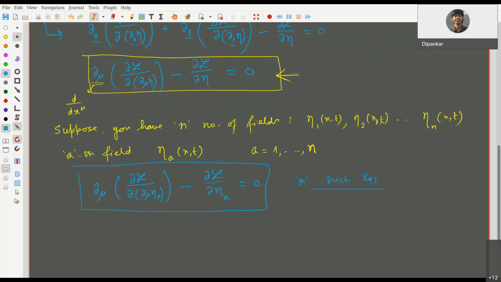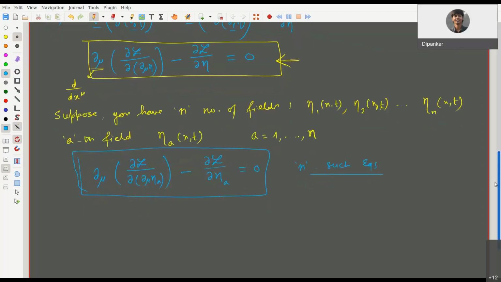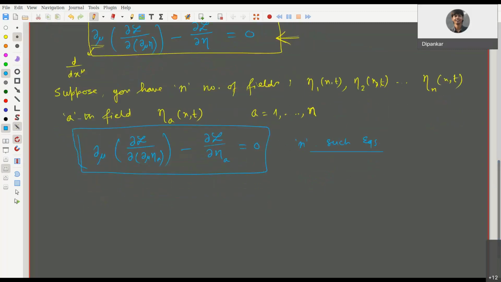And now that I have come to learn this compactified notation, I can write my Lagrangian in a very compact way. My Lagrangian depends on my fields eta a, my field derivatives del mu eta a, and the coordinates x mu.